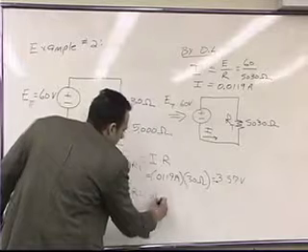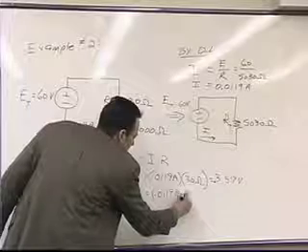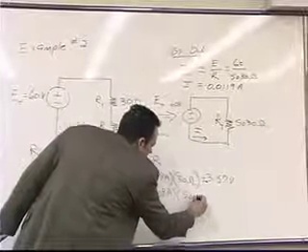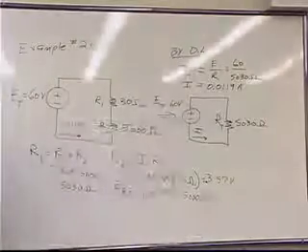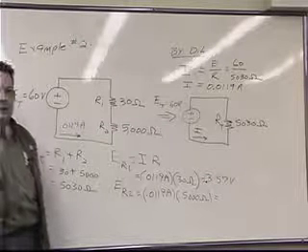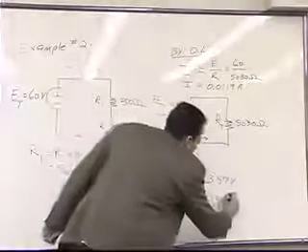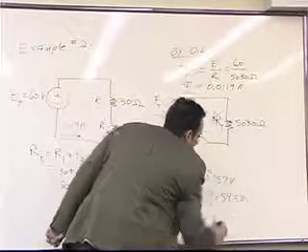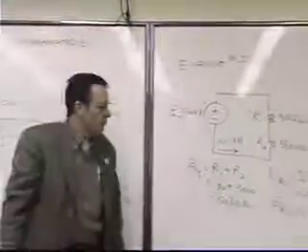So that's 0.0119 amps times 5,000 ohms. 59.5. You getting that? 59.5 volts.